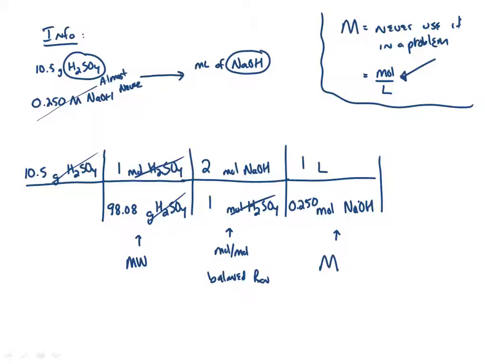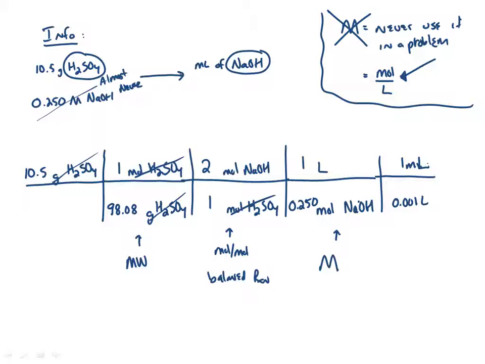Type capital M in the answer if you want. In fact, if you want, never type capital M at all. Just always put your answer in the answer blank as moles per liter. That's the same thing as capital M, right? Because it's got two sets of units, you'd never want to use capital M in a problem because then it would be hard to keep track of which unit's being canceled. So never use M. Bad. And so our last step is, of course, just 0.001 liters is 1 milliliter.